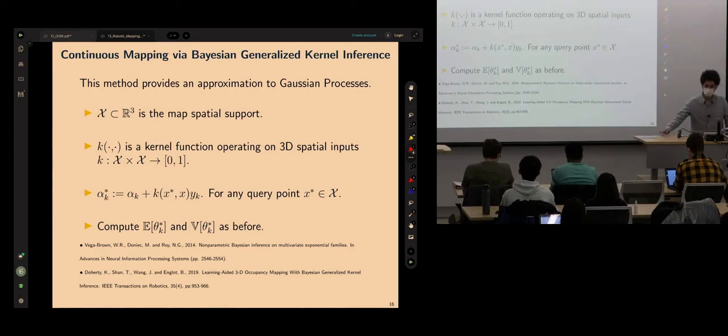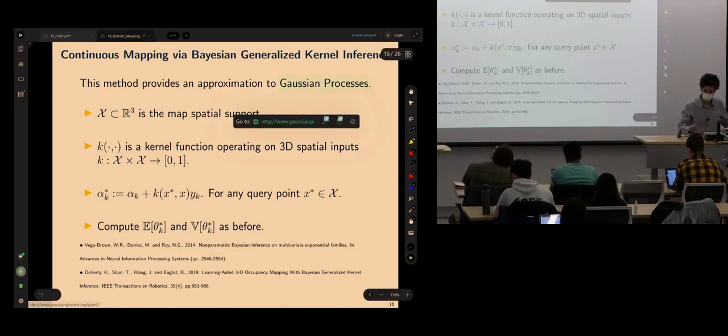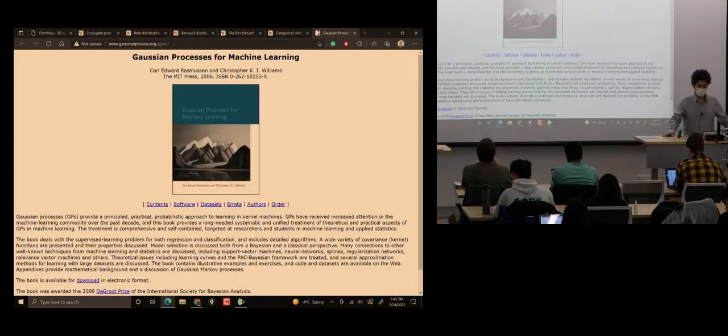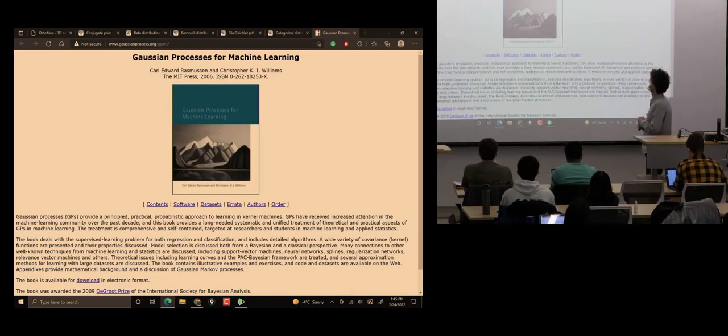One early idea that I worked on for a while was to use Gaussian processes. Although Gaussian processes deal with Gaussian priors and Gaussian posteriors, they're not limited to Gaussian likelihoods. These models can handle different likelihoods.